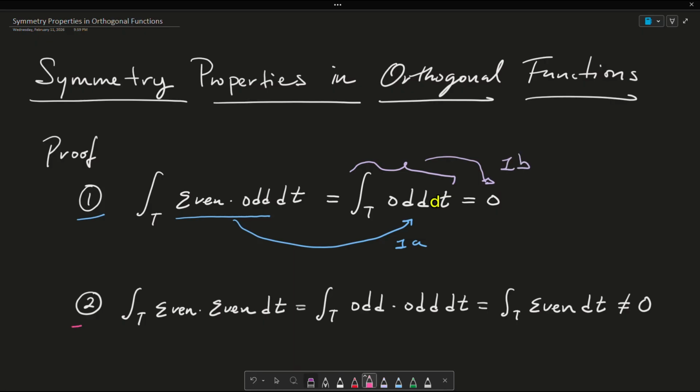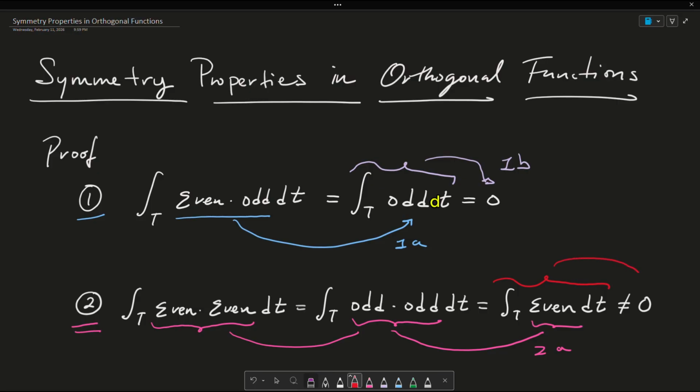For proof number 2, the first part, 2a, is that an even times an even equals an odd times an odd, which equals an even function. The second part of 2 says that the integral of an even function over a time period t is not equal to 0.